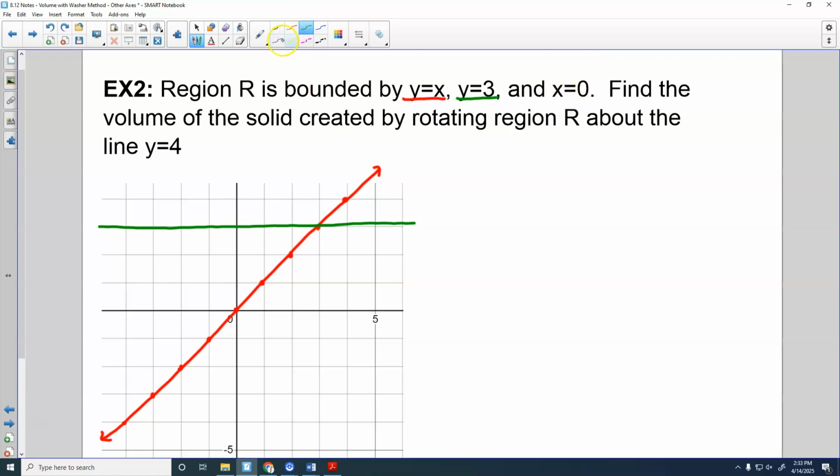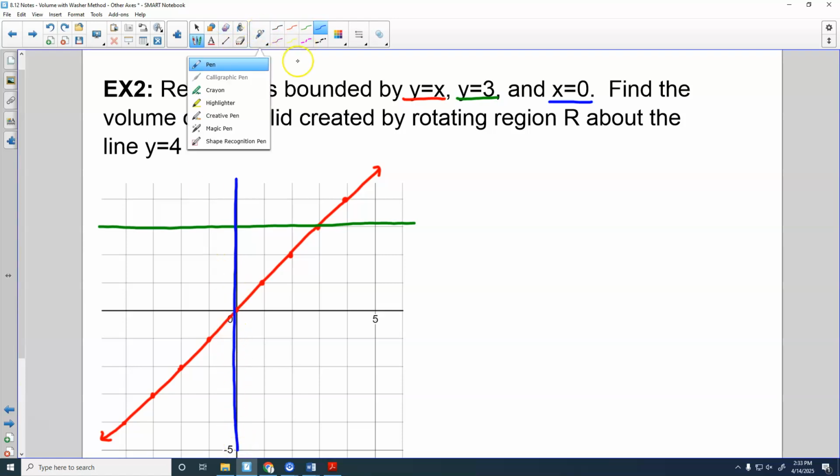X equals 0 is the y-axis right here. So our region that we're going to have is going to be this right here. Now, if we were rotating around the line y equals 3, this would just be a cone. It wouldn't even necessarily be something you had to have an integral for.